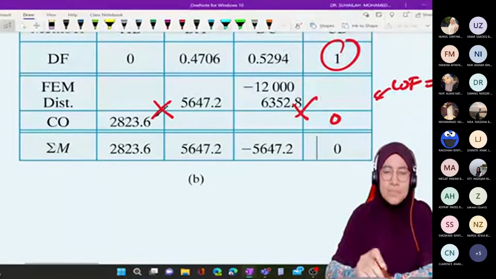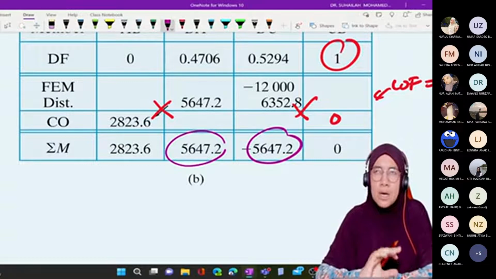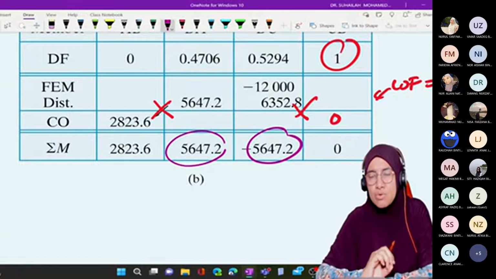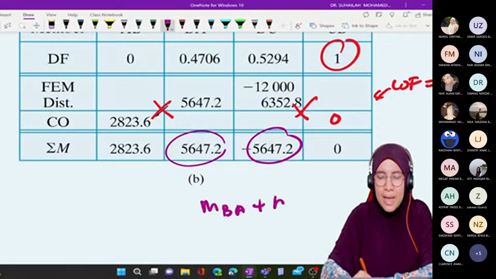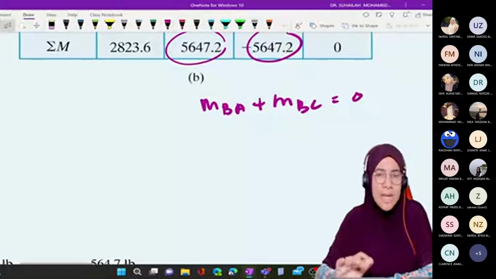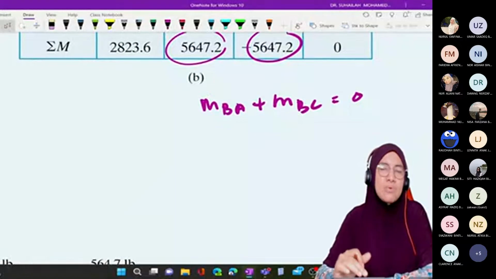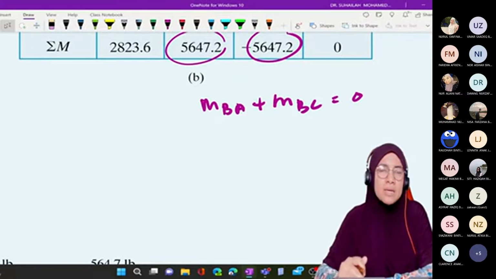And these two, okay, we get 0. Total is equal to 0 because MBA plus MBC is equal to 0. This concept of MBA plus MBC, you can find the theory under the topic of slope deflection equation.